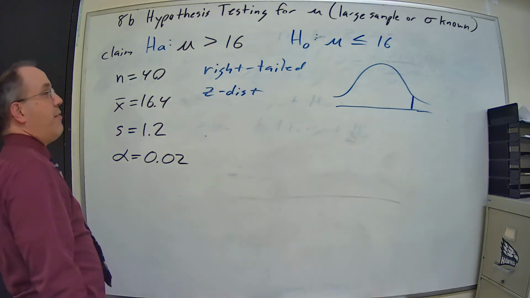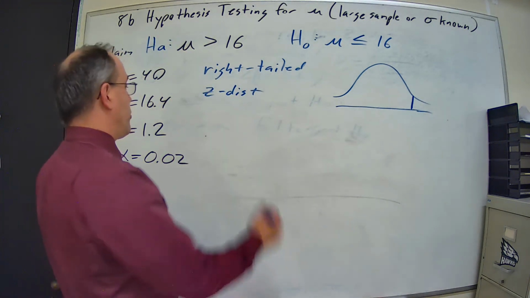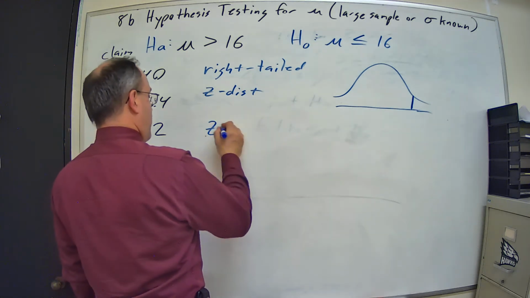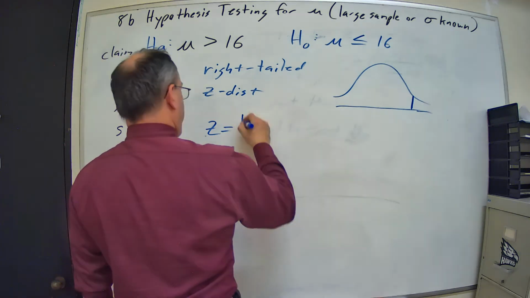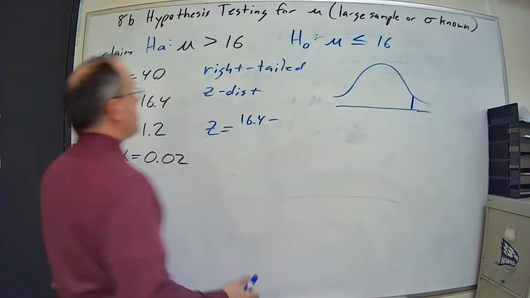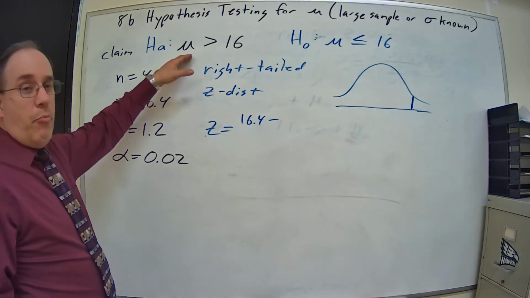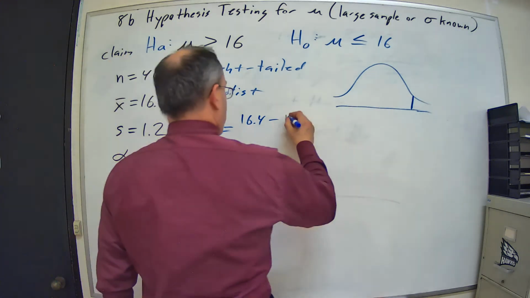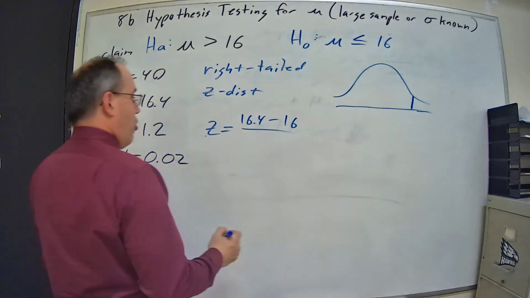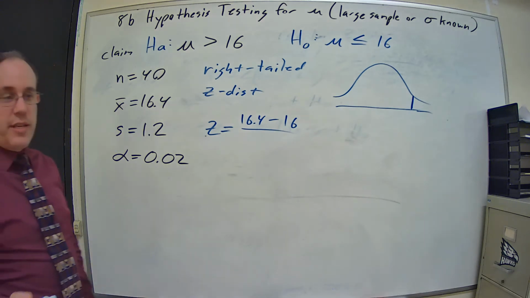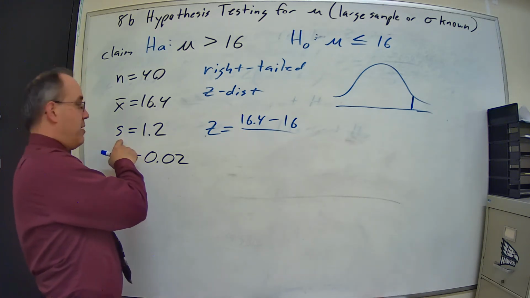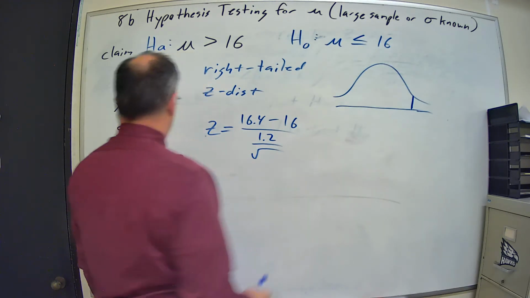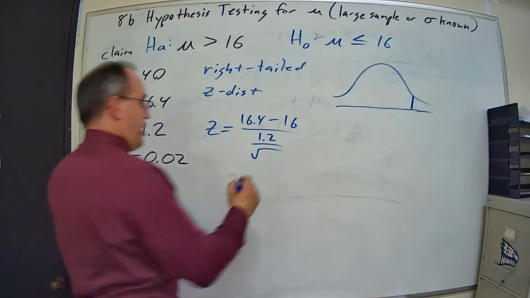Now that we have this, since it's a z distribution, we're going to need to find z. Z is equal to x bar, 16.4, minus mu. Mu is the claim, 16. Over sigma, or in this case we have a large sample, so we can substitute s, the sample standard deviation, 1.2, over the square root of n, which was 40.